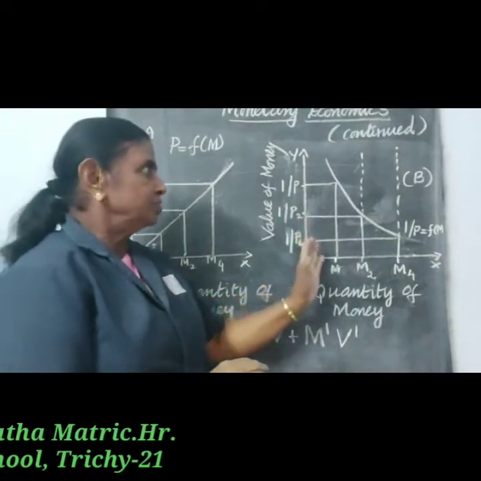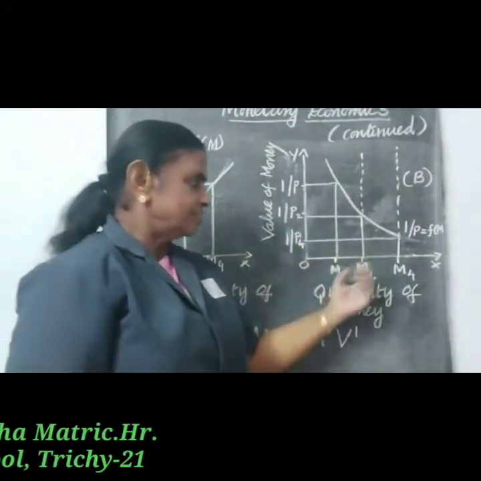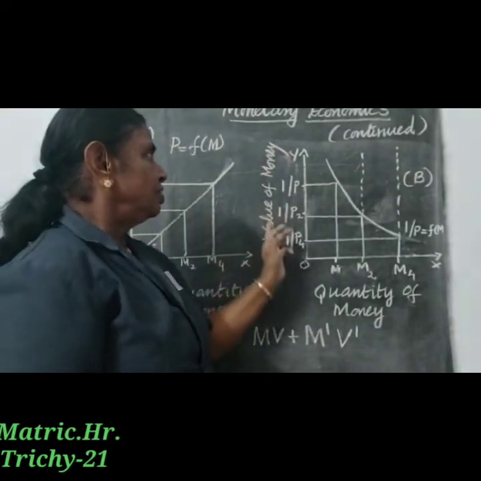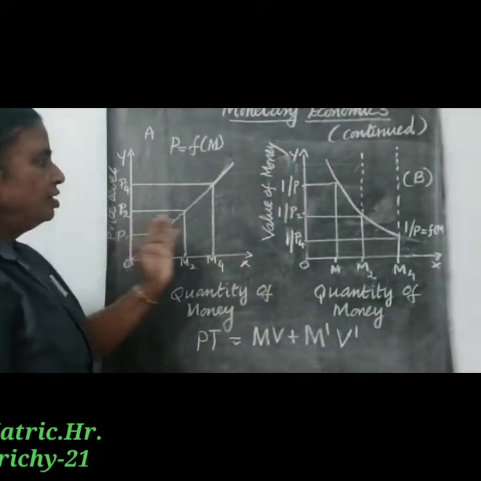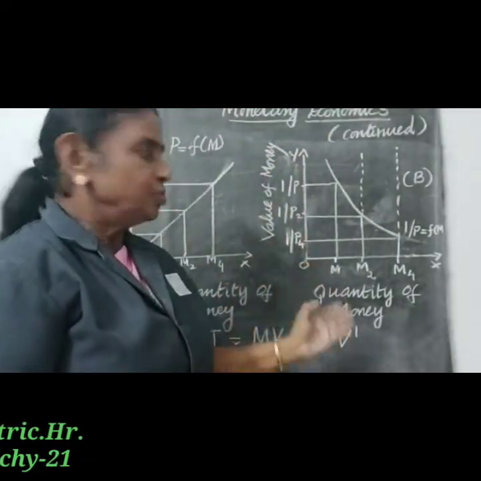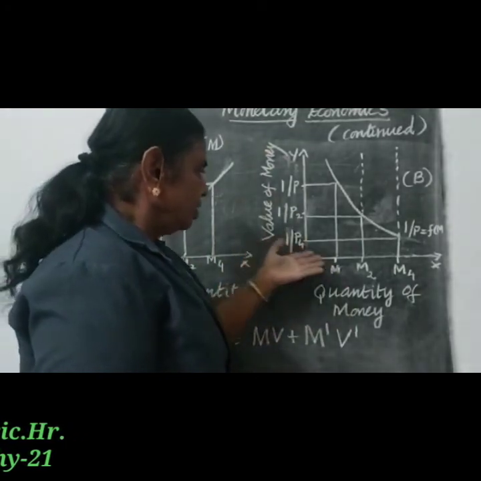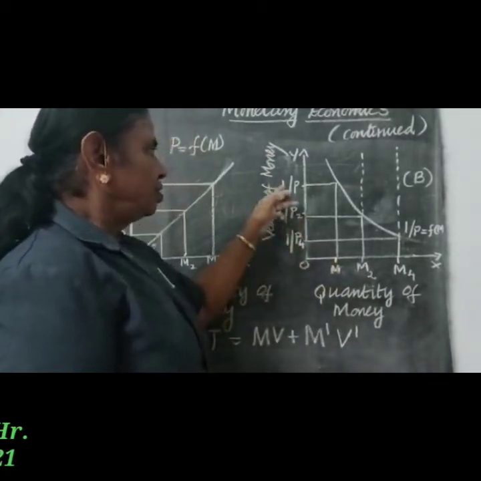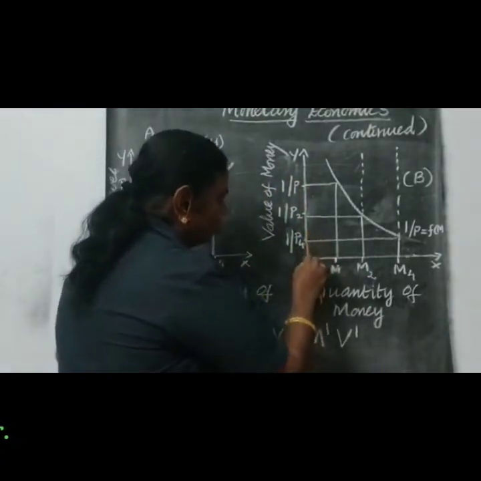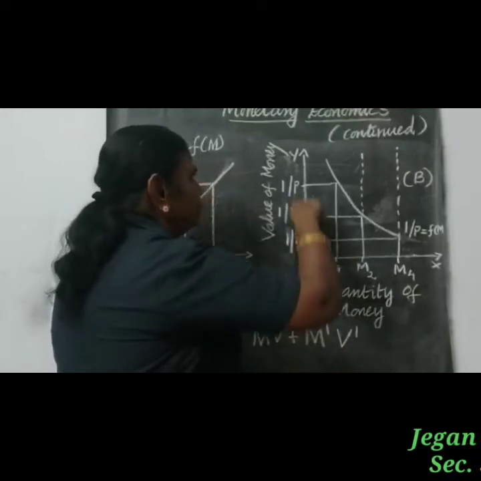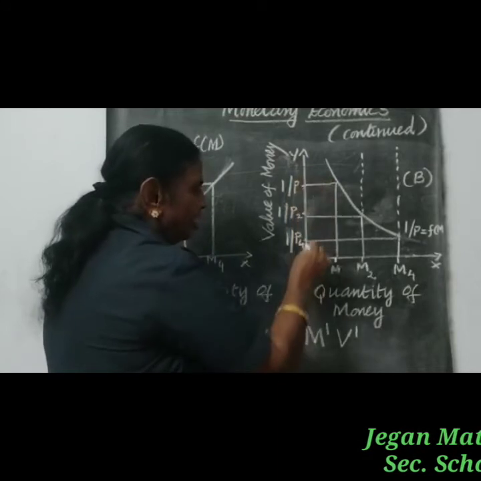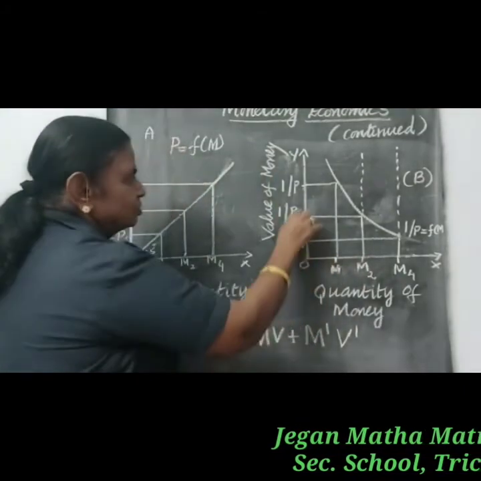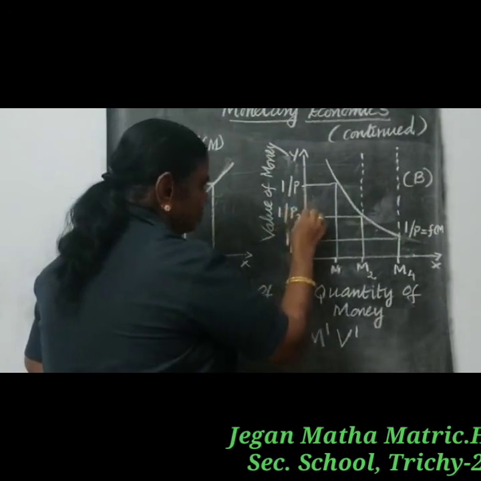Now see the second figure, figure B. The x-axis shows quantity of money, but instead of price level, the y-axis shows value of money. Here we have OM, OM2 and OM4, and 1/P4, 1/P2 and 1/P. When the quantity of money is OM, the value of money is 1/P. When the quantity of money increases to OM2, the value of money falls to 1/P2.